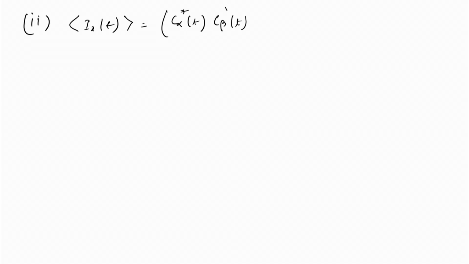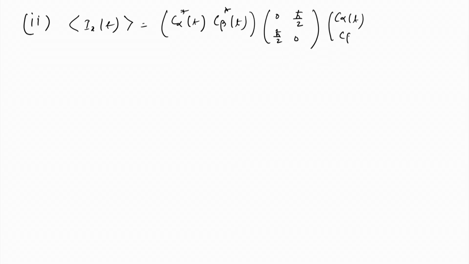So, what happens to the x component, that is this quantity, which is equal to Cα*(t), Cβ*(t) and the matrix 0 ħ by 2, ħ by 2 0, and Cα(t), Cβ(t).